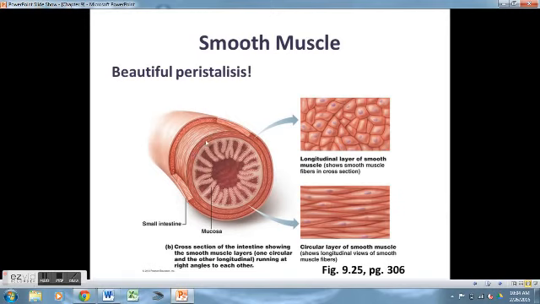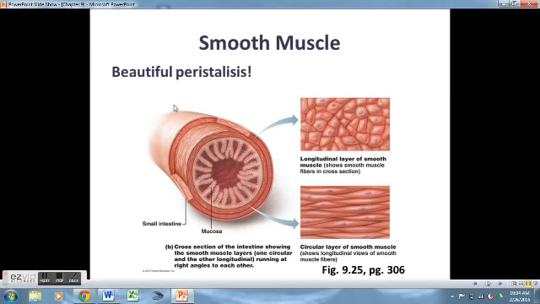And what you'll notice is there's actually 2 layers of smooth muscle involved here. So we have a circular layer of smooth muscle, so its fibers are going around in a circle. And then on top of that, we have a longitudinal layer of smooth muscle, and its fibers are going lengthways. Now together, these smooth muscle fibers can move food or semi-digested food through your small intestine.